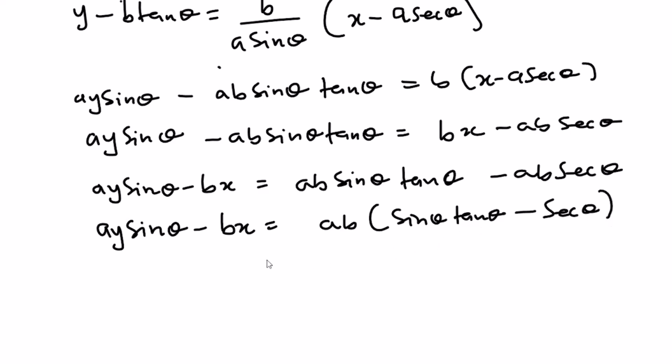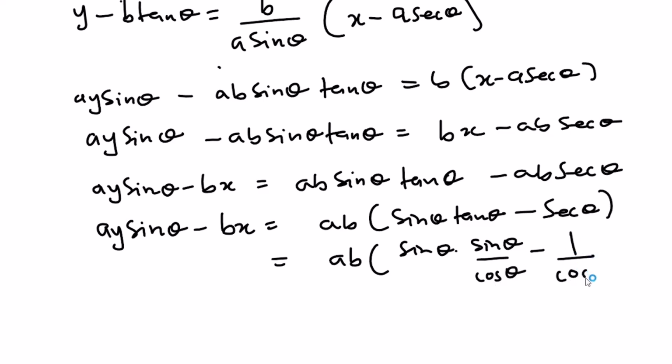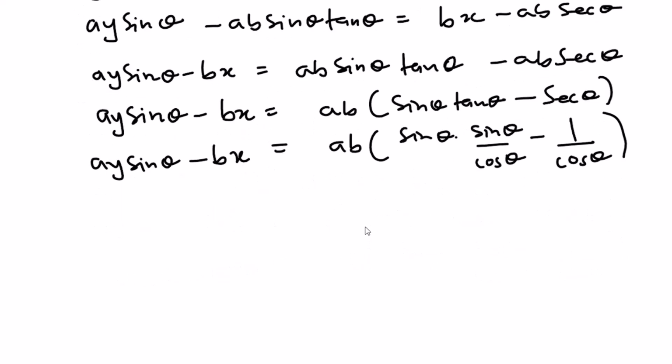Okay, now at this side, only this one, ab, this is the same as sine theta multiplying sine theta on cos theta minus 1 on cos theta. So we have ay sine theta minus bx. Alright, so let's continue.